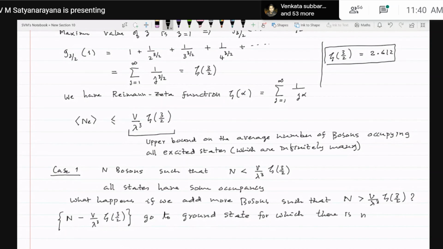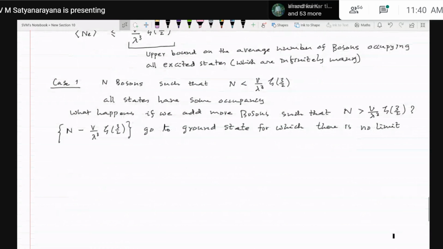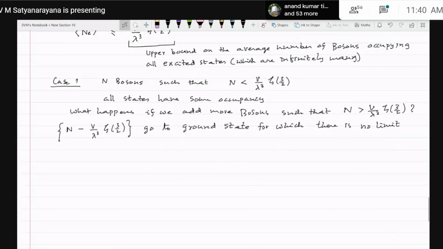There is only one state, but you can have any number of particles. So a macroscopic occupation of the ground state is possible when your number of particles is larger than the upper limit, which we derived as v by lambda cube into zeta of 3 by 2.